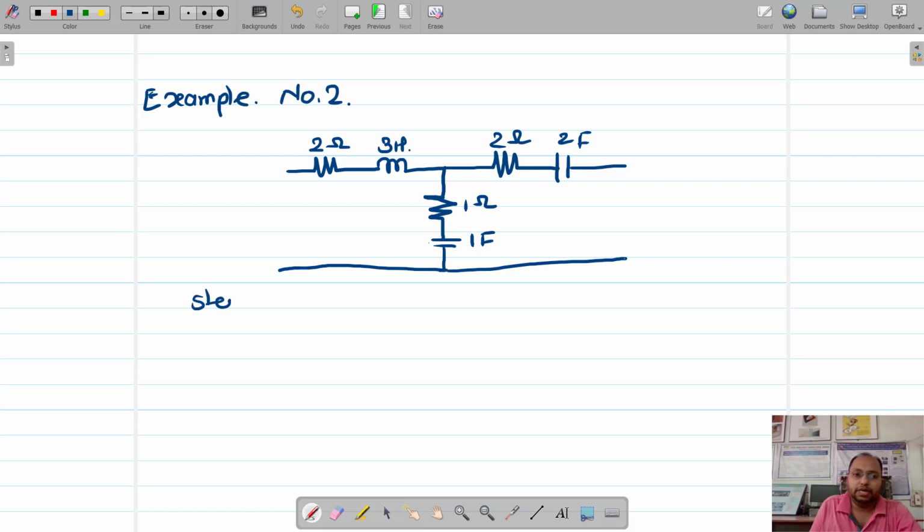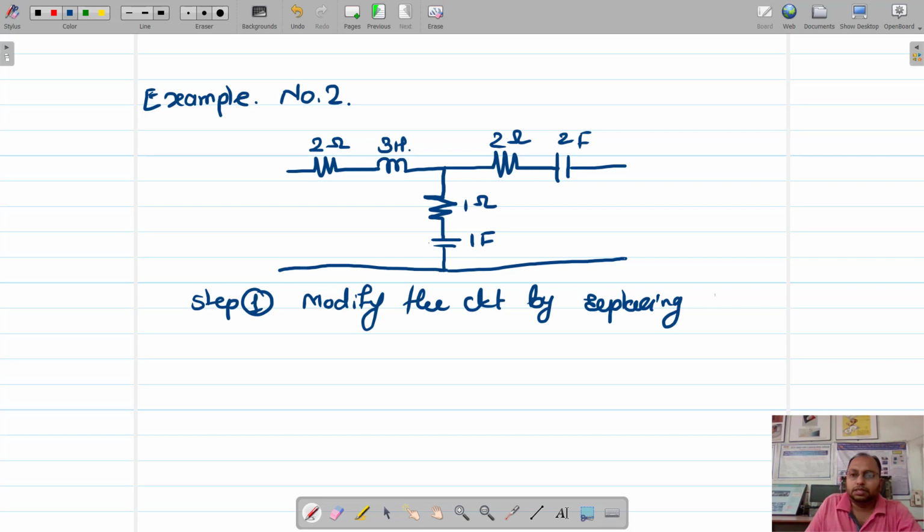Okay, so let us go for this. Step number 1 is nothing but modify the circuit by replacing inductor and capacitor values.